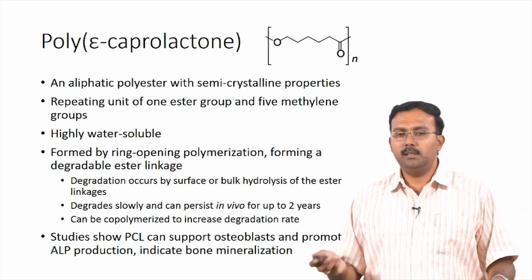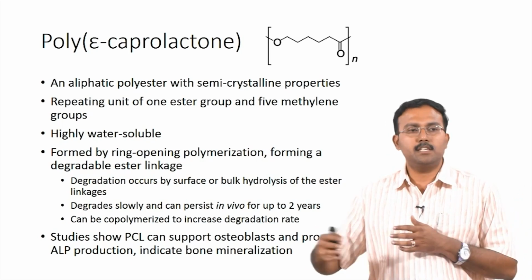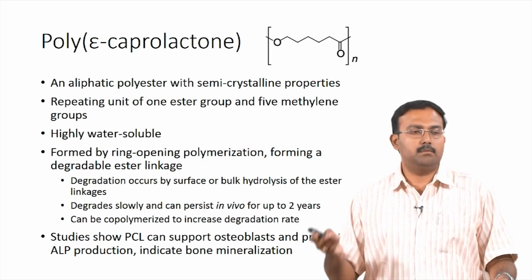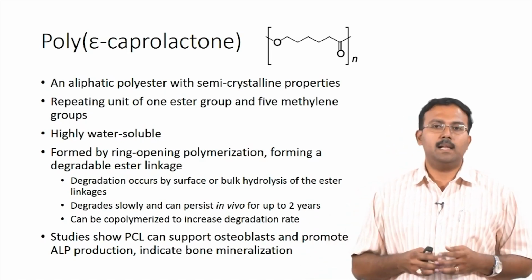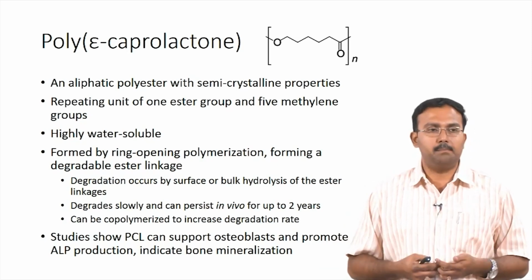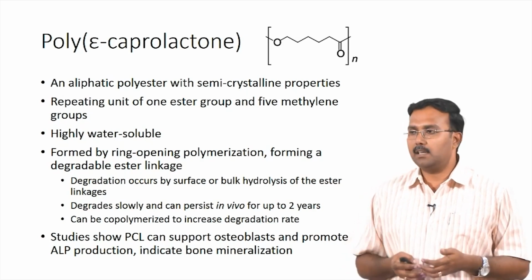So it is usually used for processes where the regeneration is going to be very slow. PCL has been used in bone tissue engineering applications. They have shown that osteoblasts can adhere to this PCL and produce ALP. ALP is alkaline phosphatase, which is a marker for biomineralization.